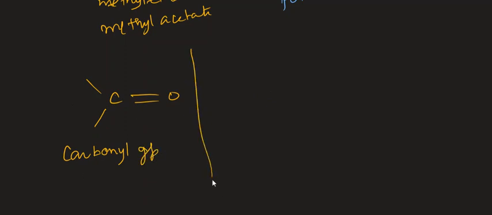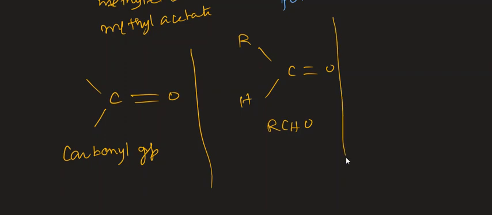Now let me build up various types of groups here. C double bond O. So when I put R here and H here, this becomes an aldehyde, or CHO. Now when I put C double bond O with R on both sides, it becomes what? RCOR. So this is called ketone.